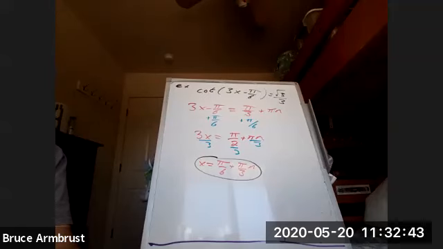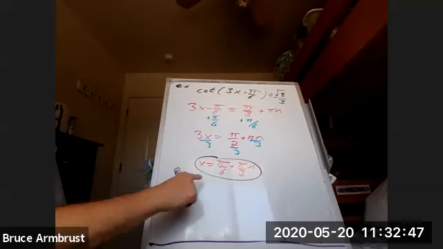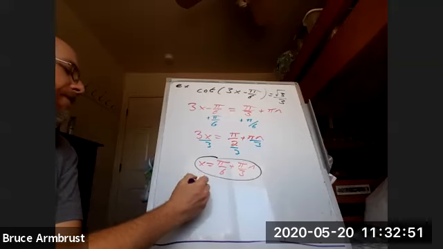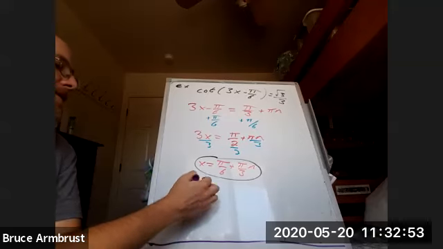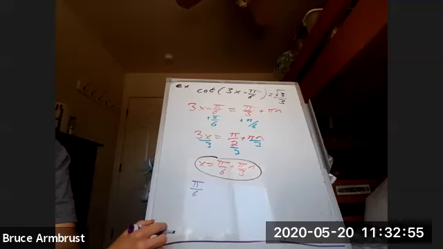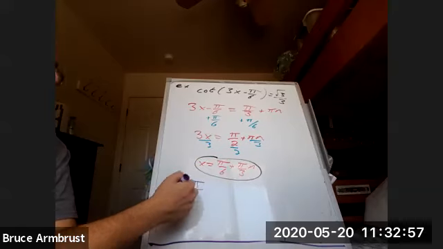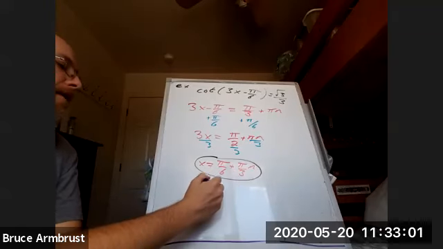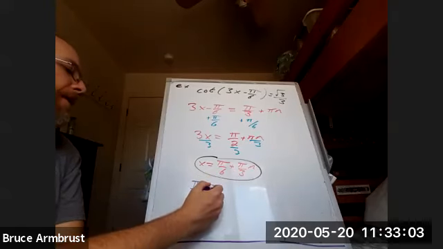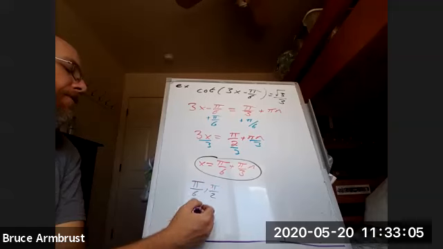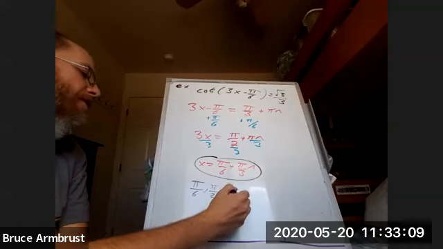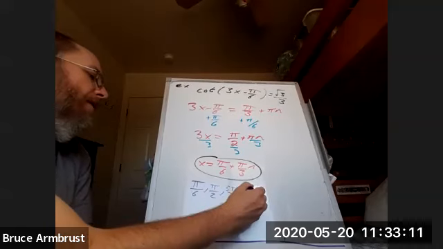So again, if you wanted to see the list, you wanted to see what these numbers actually are, well, the first one would be pi over 6. Well, when I say first one, I mean the first one before we start plugging in n's, because there are smaller ones, right? The next one, if I add 1/3 of a pi, that's going to give me pi over 2. Then I'm going to get 5 pi over 6, 7 pi over 6.